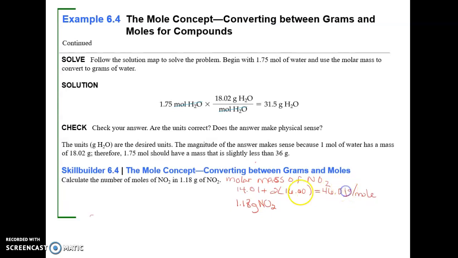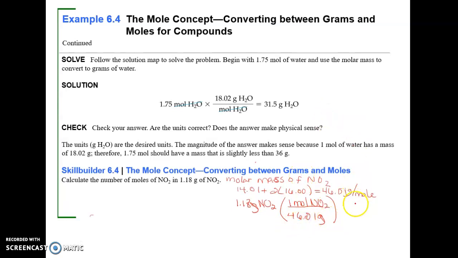Now I'm going to start with what I'm given, 1.18 grams of nitrogen dioxide, and multiply this by the molar mass. I know that 1 mole of NO2 has a mass of 46.01 grams, and my grams are going to cancel. I'm going to end up in moles. When I calculate this out, I'm taking 1.18 divided by 46.01, the molar mass of nitrogen dioxide.